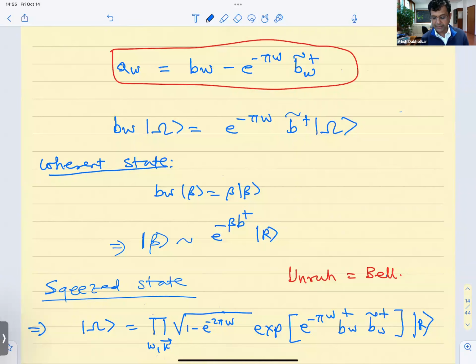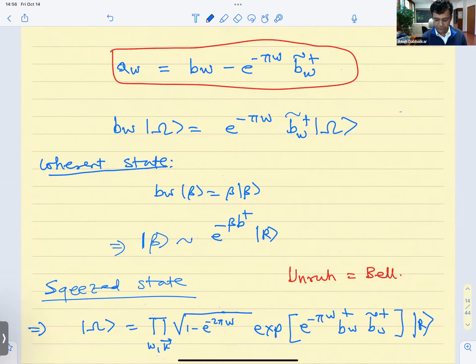And because of this famous pi, when you go from log of minus t equals log of t plus i pi, you get this e to the minus pi omega relation, with some minus sign. So this is a simple relation between the annihilation operator of the Minkowski observer, the annihilation operator of the Rindler observer, but the creation operator of the Rindler observer in the left wedge. And therefore the Minkowski vacuum is defined by a omega equals 0, or alternatively, using this relation, b omega equals e to the minus pi omega b dagger tilde omega.